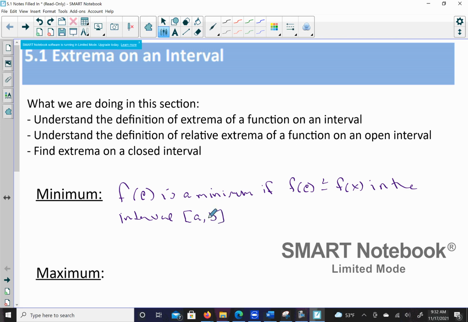So f of c is a minimum if f of c is less than or equal to every f of x for all x's in the interval from a to b.